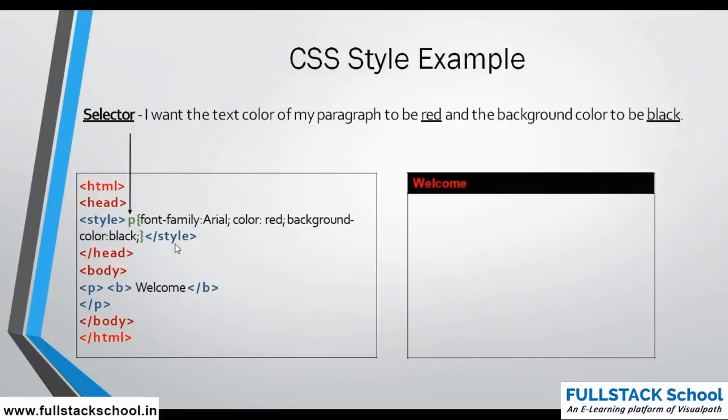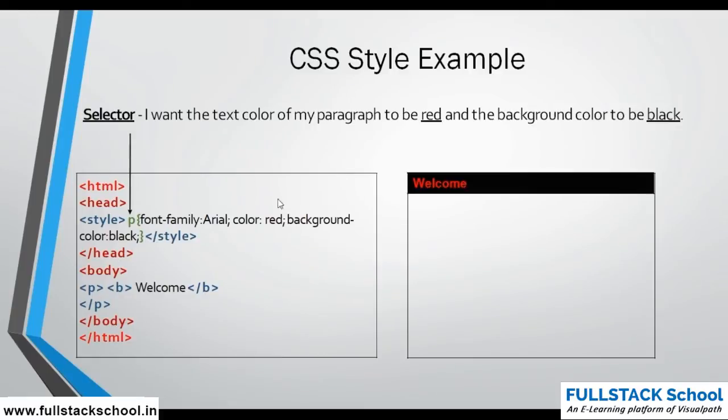Then the style is closed under the head. Under the body, we used the P tag, then B, which stands for bold, and wrote Welcome. Then we closed the P tag and the body.